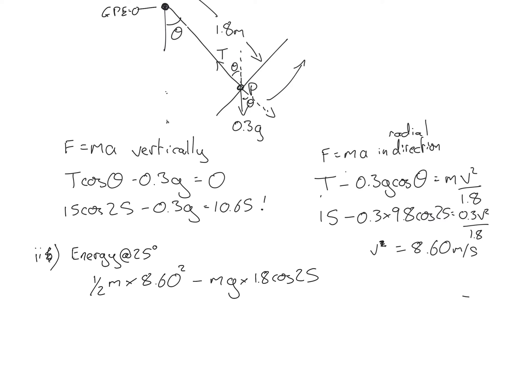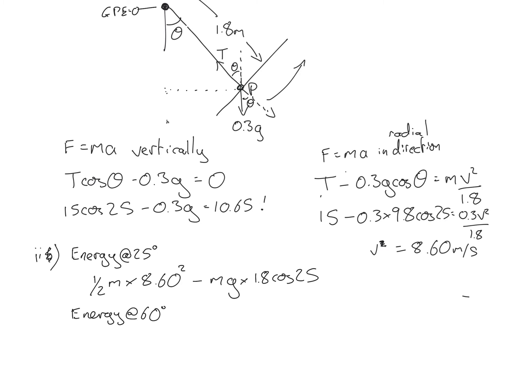My energy at 60 degrees... Why isn't it then plus or minus mg brackets 1.8 cos 25 plus 1.8 cos 60?